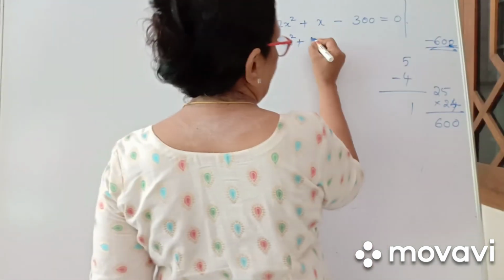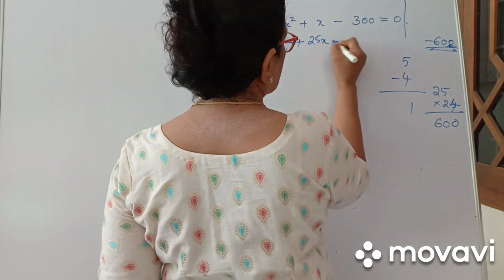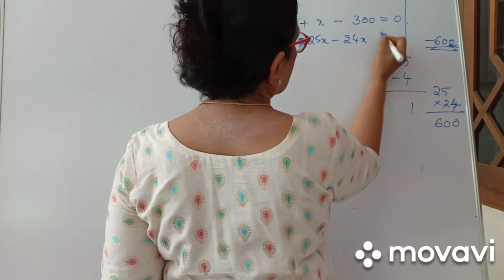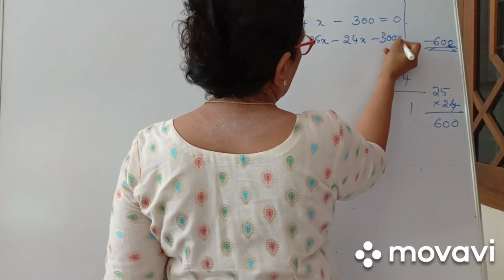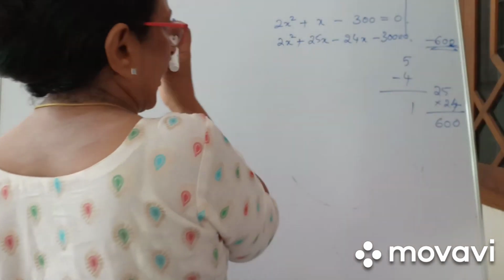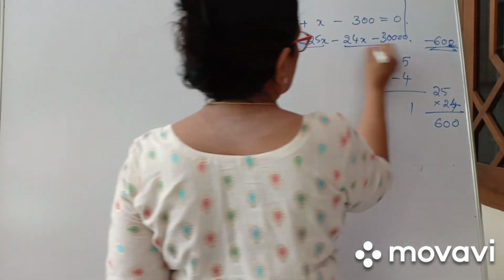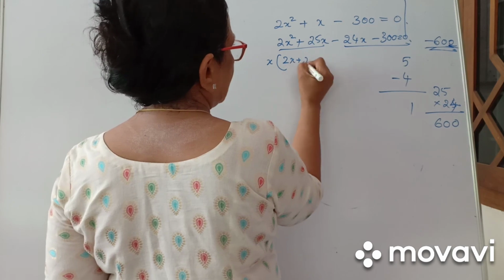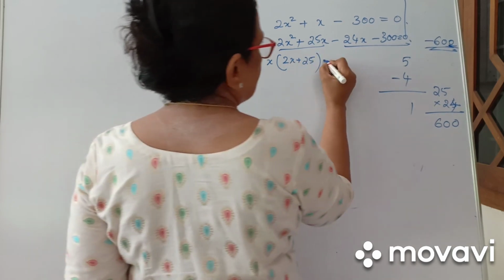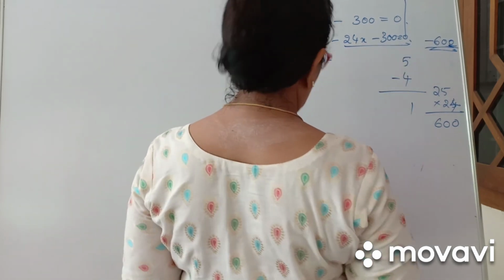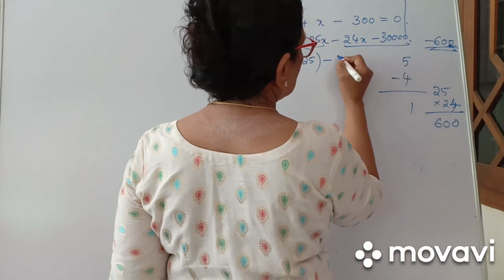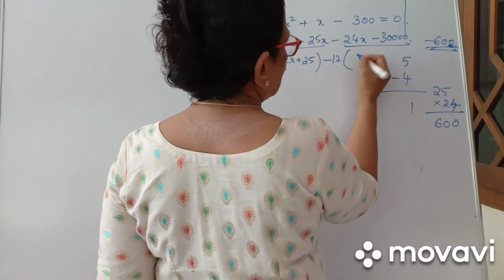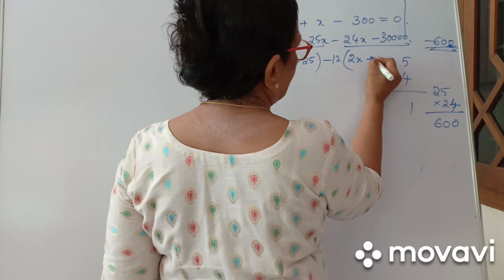Okay, so you have 25x minus 24x minus 300 equal to 0. Okay, so remove x into 2x plus 25, minus sign common, and what is common in both? 12. 12 2s are 24, plus sign.